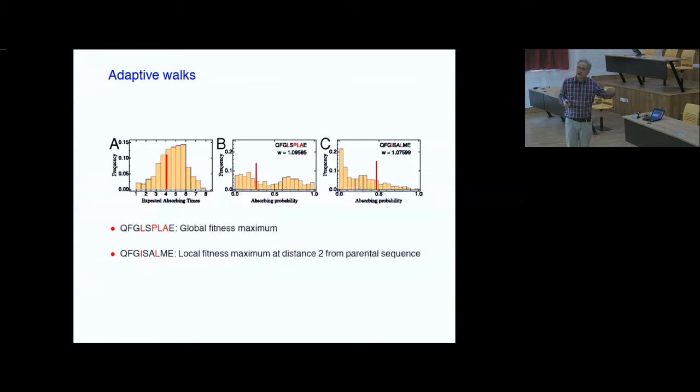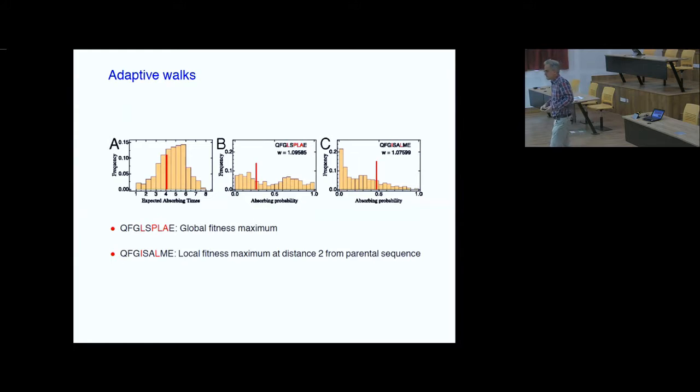This is because there are other peaks that are closer. So this is the global maximum. The red ones are substitutions relative to the parental sequence, so this is at distance 4. And there's another, lower local maximum at distance 2. This is generally less likely to be reached, but it is more likely to be reached from the wild type parental sequence.